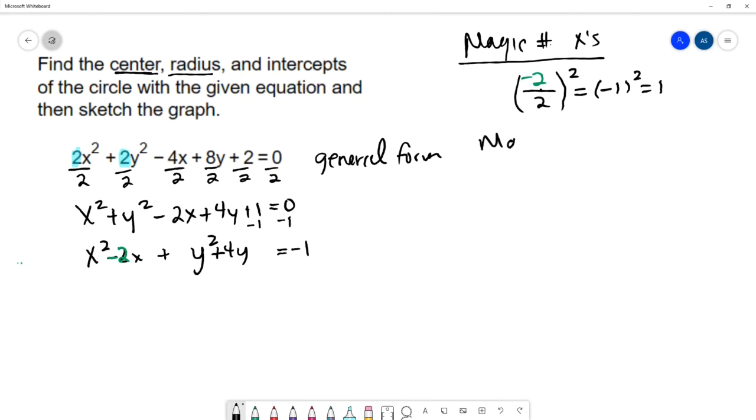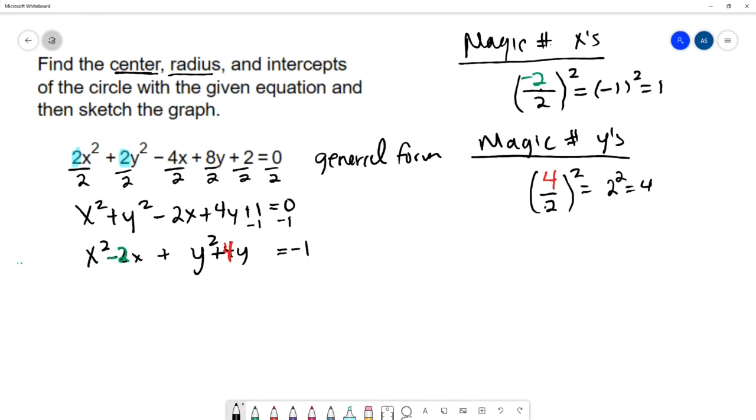Then we want to find the magic number for the y group. Similar process, but we start with the coefficient of the y term. We start with 4. We cut that in half and square it. 4 divided by 2 is 2. 2 squared is 4. So the magic number for the y group is 4.